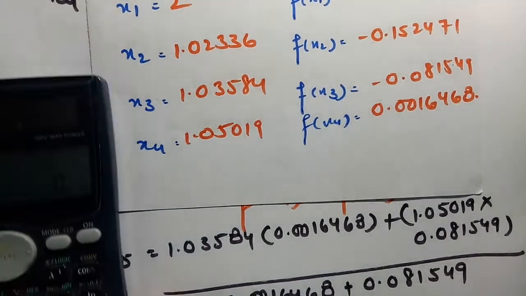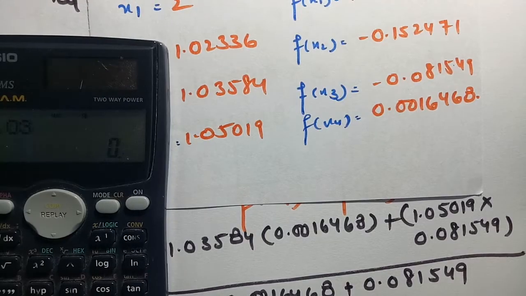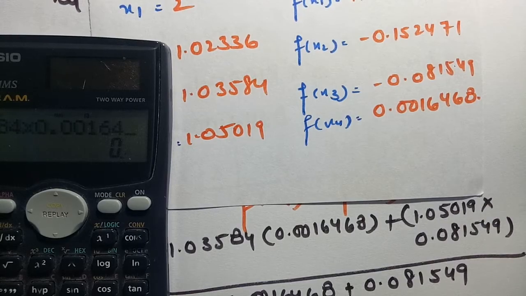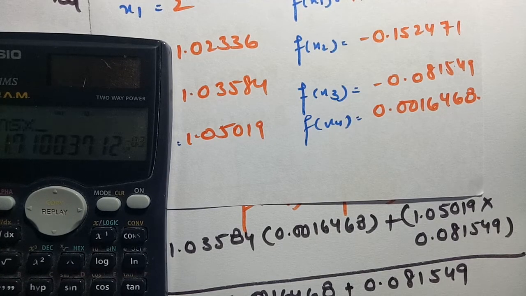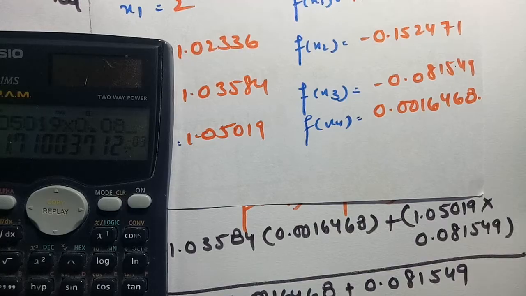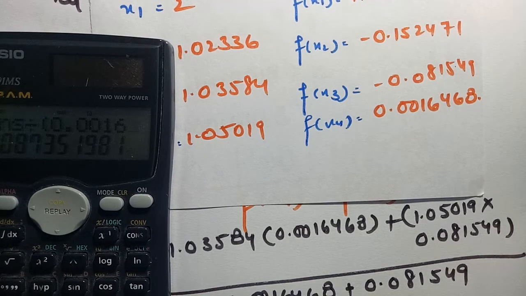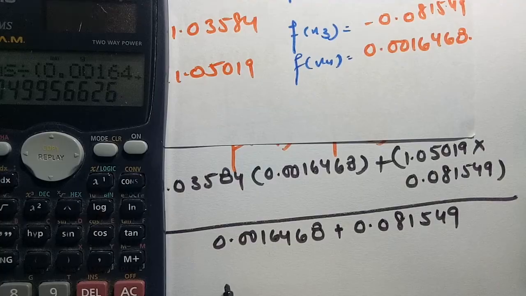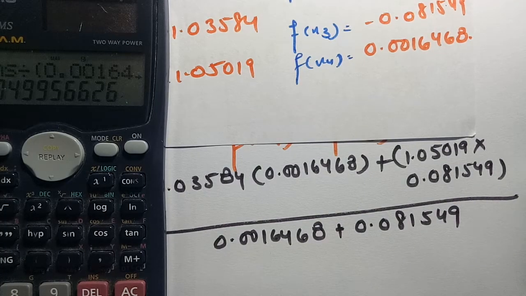So if I calculate this one, that is 1.03584 into 0.0016468 plus 1.05019 into 0.081549, divided by 0.0016468 plus 0.081549. So the value here is our x5 value.